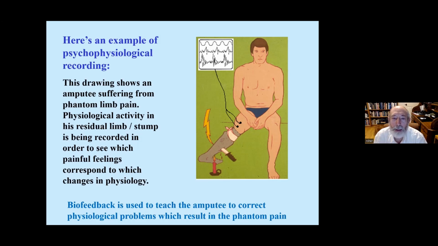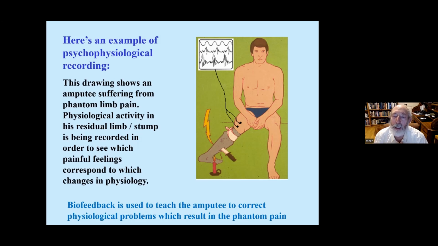And what you see in the little diagram here is we're recording from the residual limb, the stump, to see what's going on in it that might cause pain that's referred into the phantom. And what we find is that there's all kinds of stuff going on in the stump.